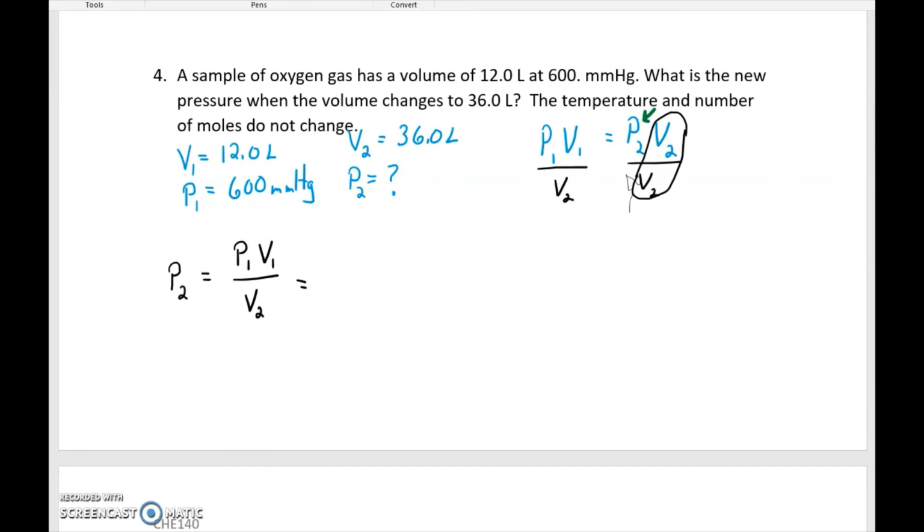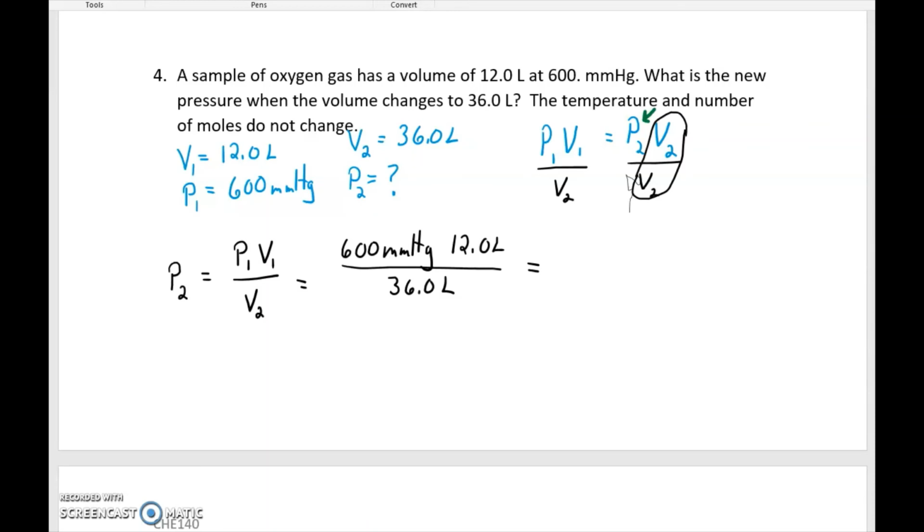Then we've got our little table up here of all our values, and we could just fill in. P1 is 600 millimeters of mercury. V1 is 12 liters. We want to divide that by V2, which is 36.0 liters.